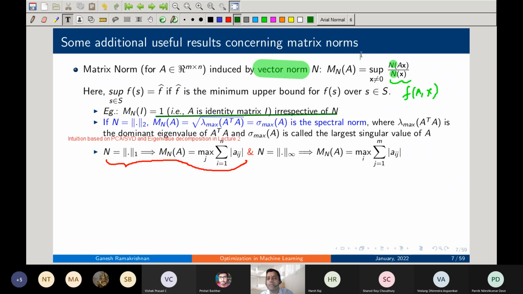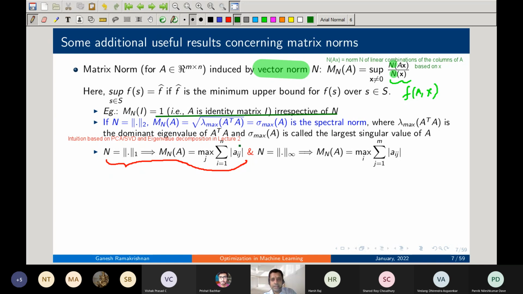Ax itself is a linear combination of the columns of A, based on x. So N(Ax) in general is the norm, as per N, of linear combinations of the columns, and that is based on x. For a fixed value of x, you're basically doing this computation.